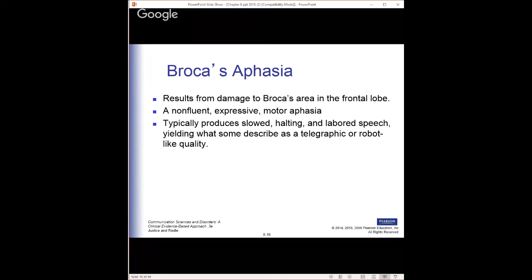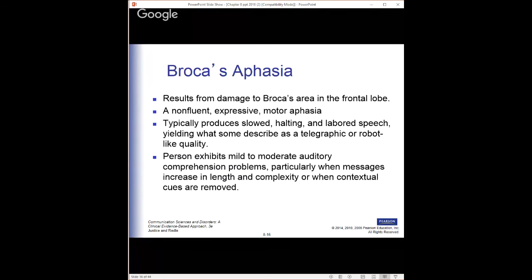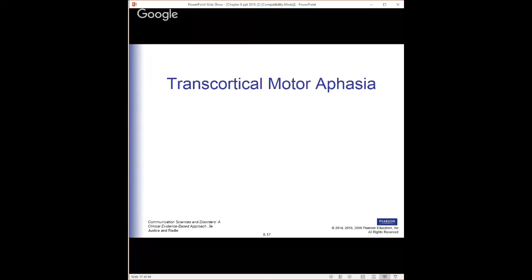So it's affecting the intricate motor movements for speech. People may exhibit mild to moderate auditory comprehension problems, particularly when messages increase in length and complexity or when contextual cues are removed.